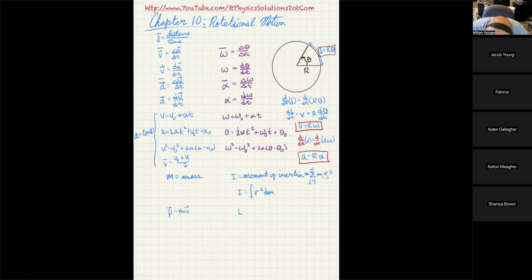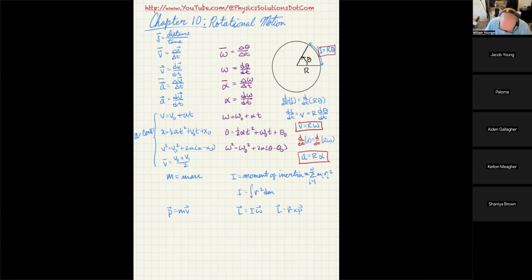And just as you'd expect, well, you didn't necessarily know the letter that we're going to represent rotational momentum, or what we call angular momentum, was going to be L, but the rotational analog to mass is supposed to be the moment of inertia, and the rotational analog to velocity is supposed to be the angular velocity. So L is actually going to turn out to be I times omega, and I put a vector symbol over it for a good reason. Now it also happens that L can equal r cross P as well, where P is equal to mv. So that's another thing we can do as well.